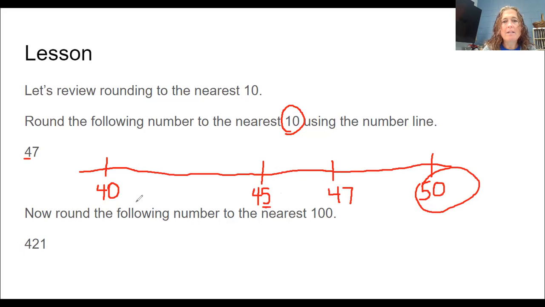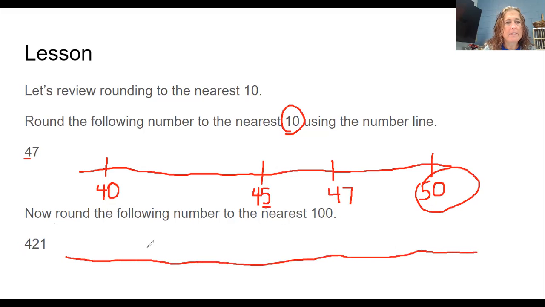Now, if we're rounding a number to the nearest 100, here's our number, 421. We will draw our number line. Ms. Fogelman's number lines are always so crooked looking. We would again place our benchmark numbers. The lower 100 would be the 100 that is in the number, which is 400.